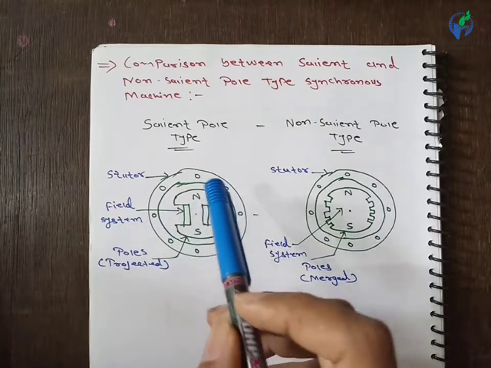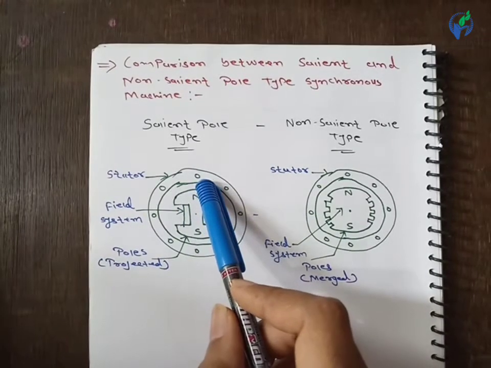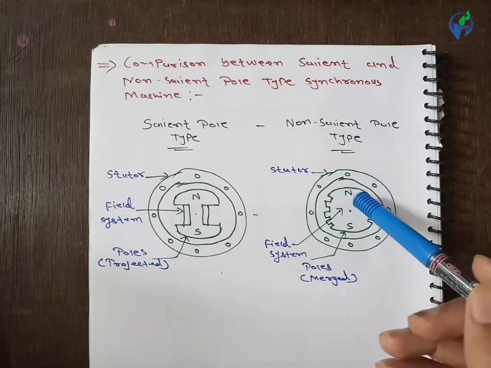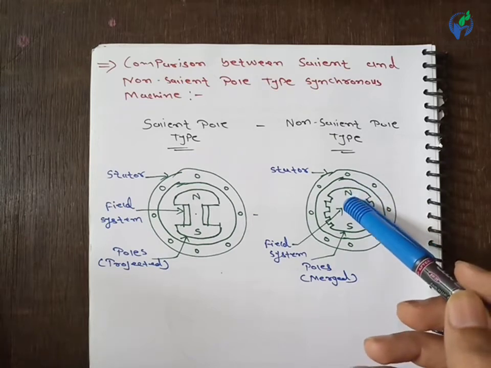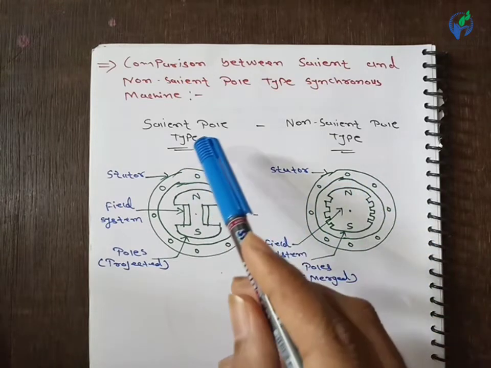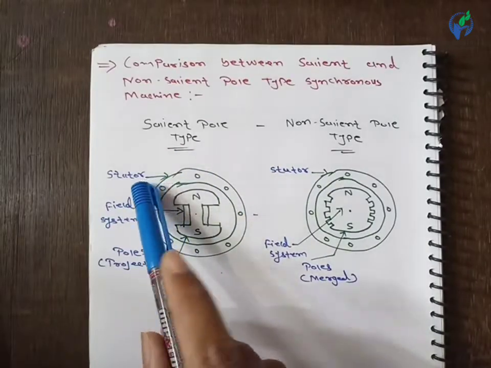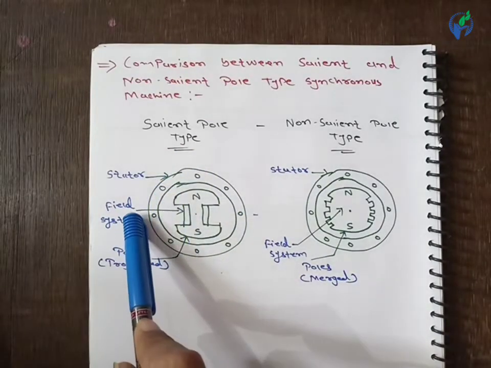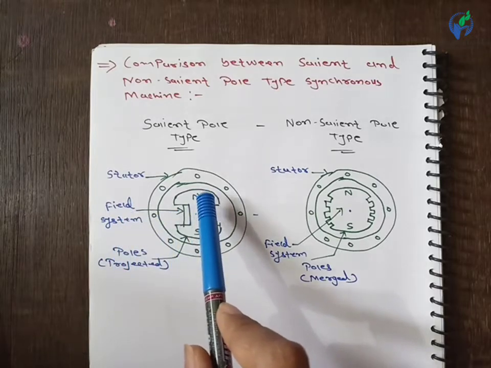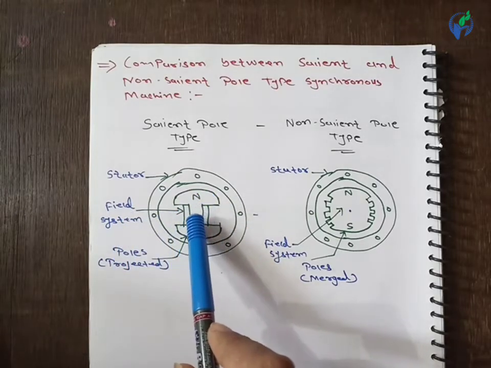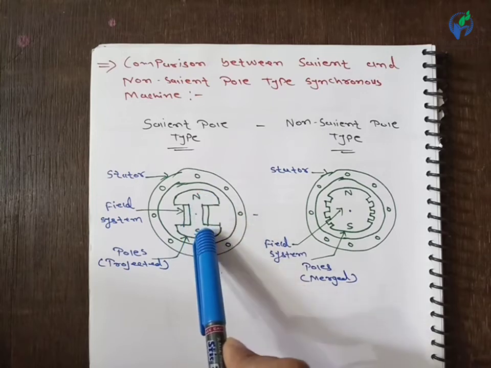Here this is a salient pole type construction and this is a non-salient pole type construction machine. In the salient pole type construction, this is a stator part, this is a field system which is connected in this pole, and the pole is an N or S pole.